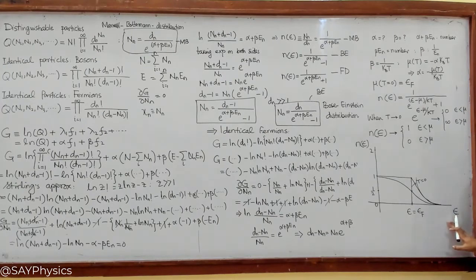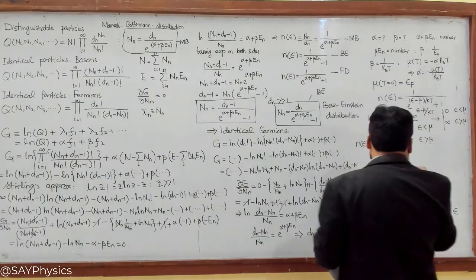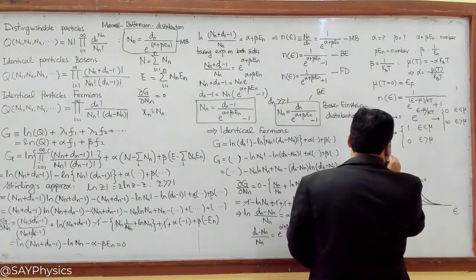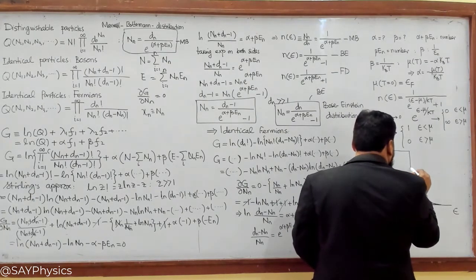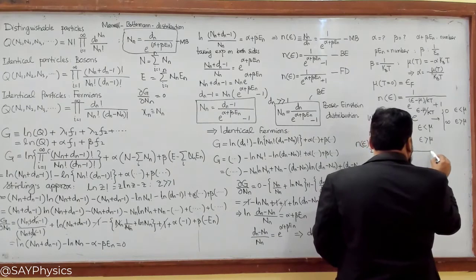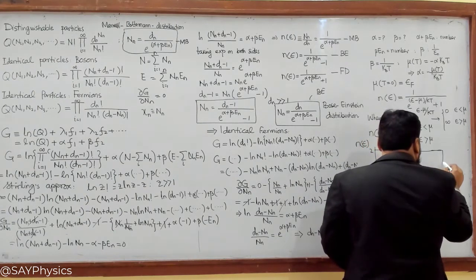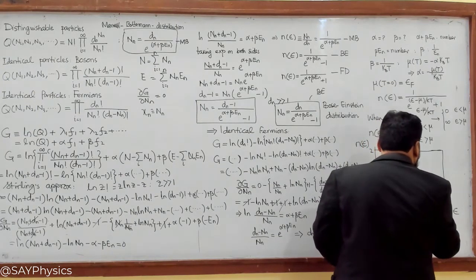On the maximum values, the density of states will fall because this is n of E. So if I want to make it complete, then it will be something like this. And some values here, then here.